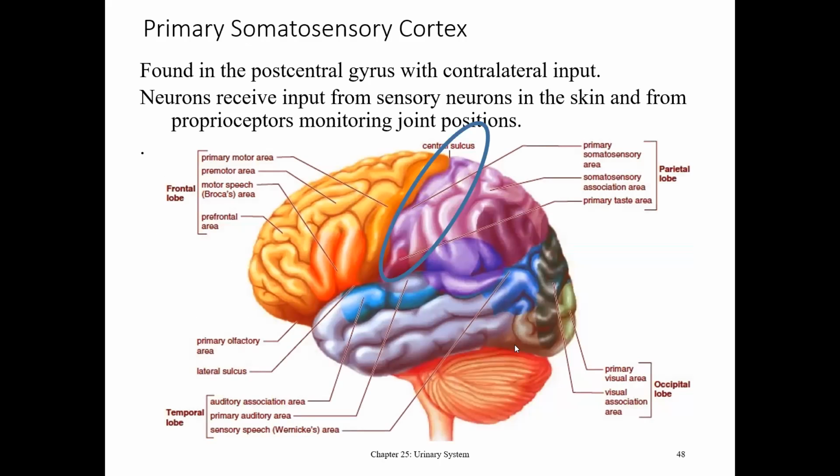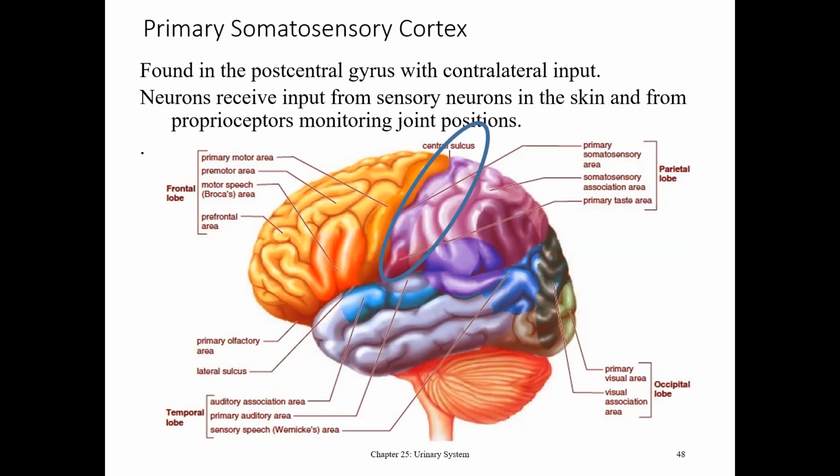There's the central sulcus right in the middle, right between the orange frontal lobe and the purple parietal lobe. Highlighted there with that blue oval, there's the central sulcus. The oval highlights the post-central gyrus, the gyrus behind the central sulcus. The orange one to the left is the precentral gyrus. The central sulcus is our landmark here.